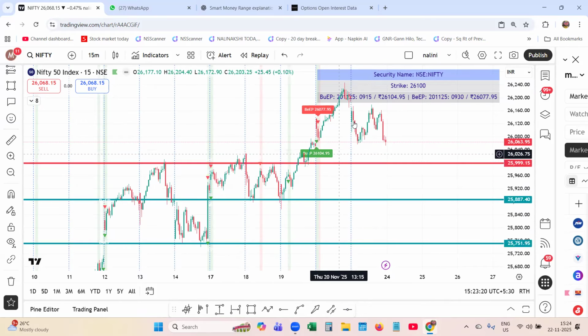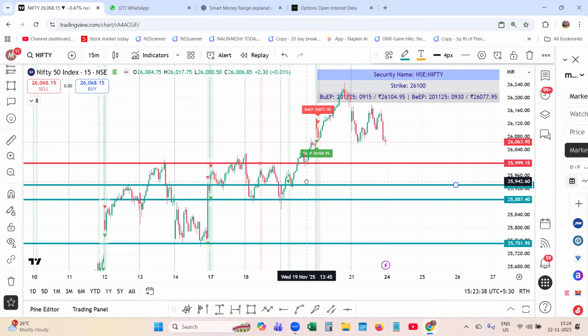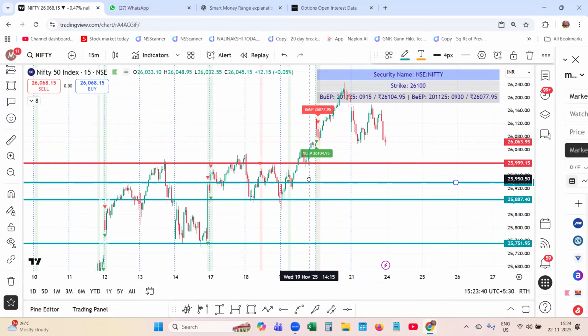So the market has crossed this boundary, and if it comes back to this boundary, 25,999 to 26,000, it has got a support. Even here, in between, support has been formed. New EP has been formed over here, support. 25,950.